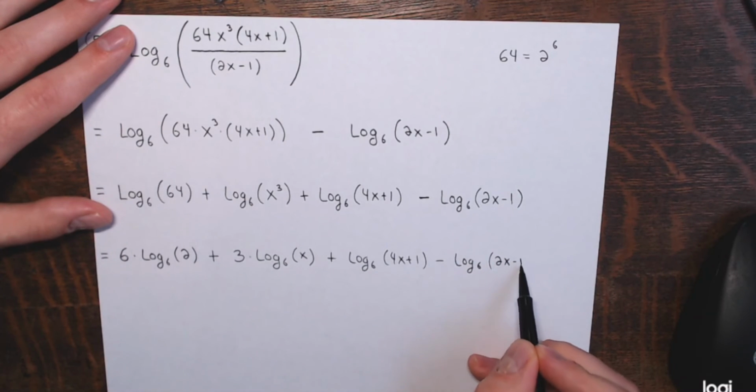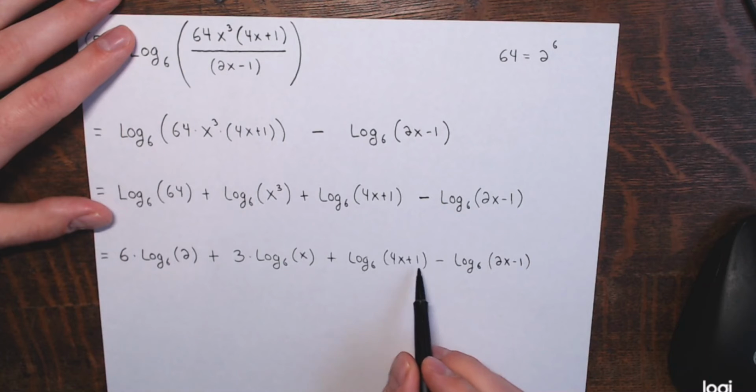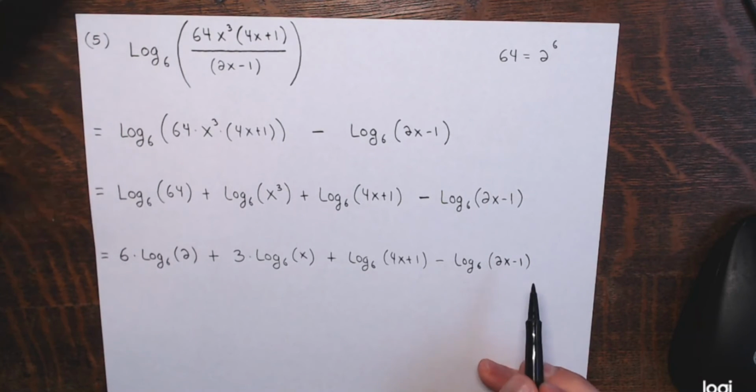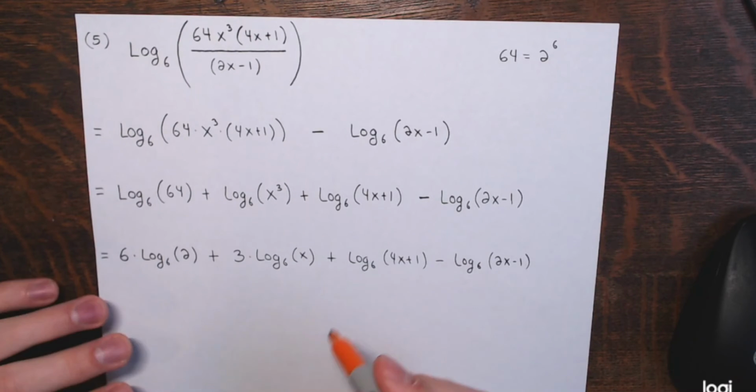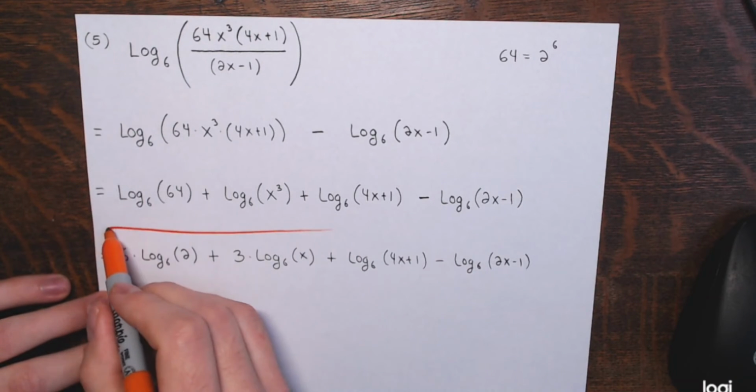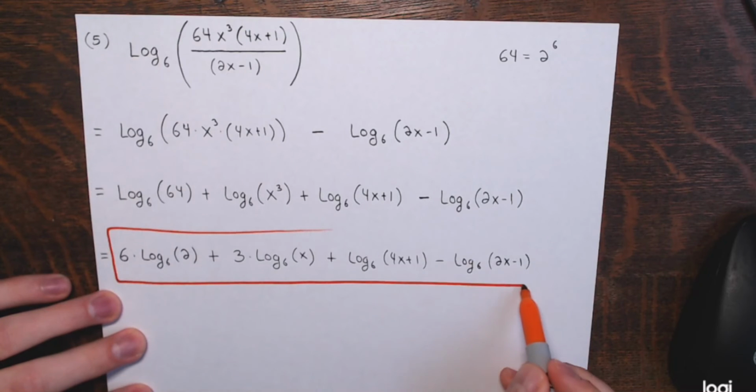Right? If you have a sum or a difference inside a log, there's really nothing you're going to do with that. There is no sum rule or difference rule. Only products and quotients and powers can you rewrite the logarithm. And there we go. That's about as expanded as that's going to get.